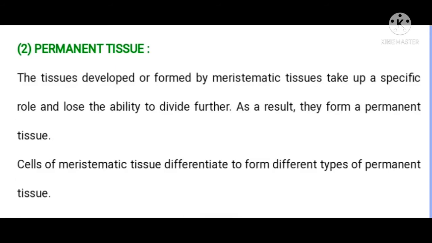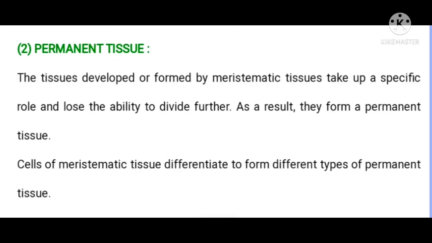Permanent tissue. The tissue developed or formed by meristematic tissues takes up a specific role and loses the ability to divide further.